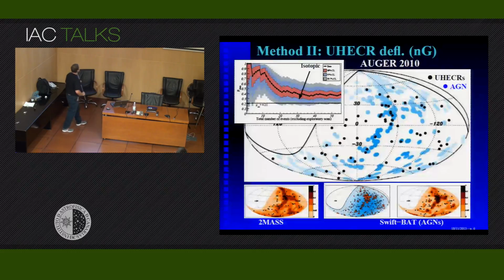Now, as I said, there is this correlation of arrival directions with the large-scale structure claimed by Auger. Unfortunately, since 2008, the number of events really went up, which is good, but the significance of the signal went down, which is bad. For many years now, it's been at roughly the 3 sigma level, not fully 3 sigma, 2.7, but it stays there.